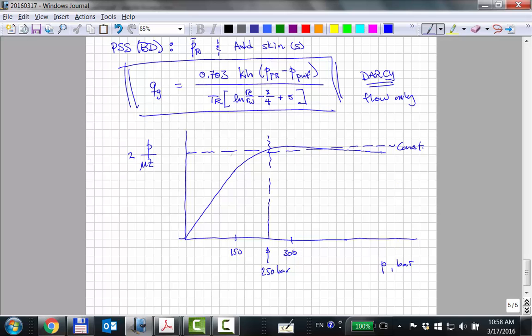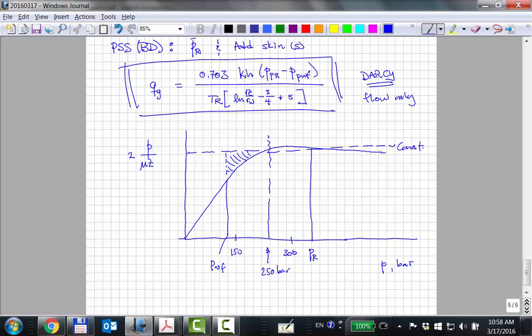But what you see is that in reality, as the bottom flowing pressure drops below this 250, the actual area under the curve driving the rate, okay, let's say we're at a reservoir pressure here, down to a bottom flowing pressure here. Because of this low pressure behavior, we're not getting this area, right?